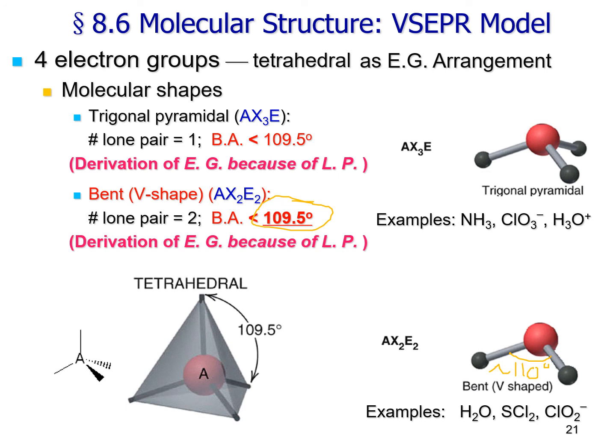If we have a bond angle that's around 110 degrees, we will know that's going to be 4 electron groups. Bond angle is critical in order for us to determine the number of electron groups on the central atom, particularly when the species has the same molecular shape.